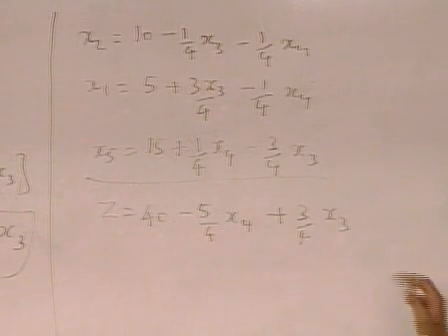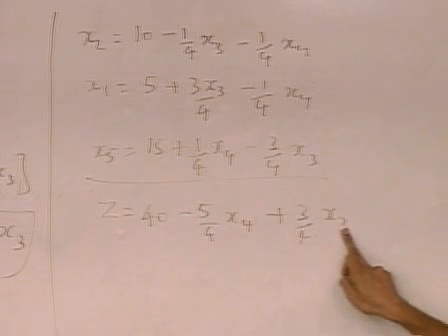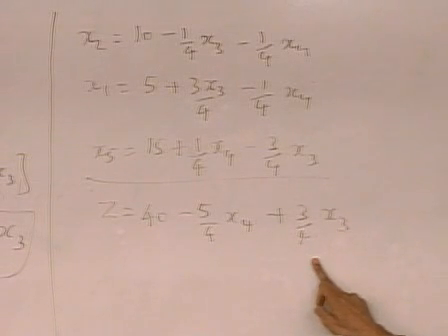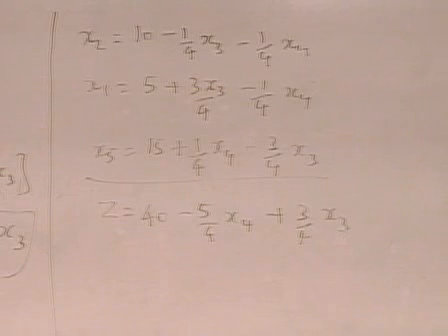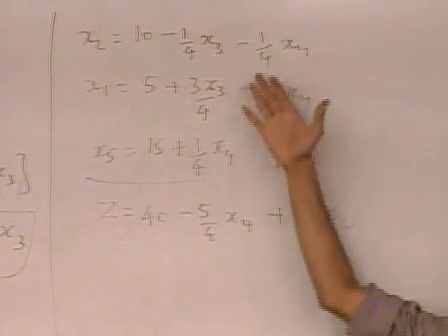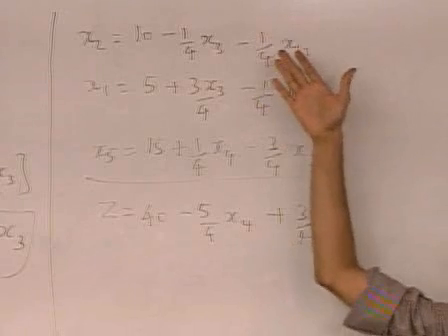Now, the reason why x3 has a positive coefficient here can be explained in the following way. Changing x3 forces you to change x1 and x2 in some way. The precise way in which you have to change is described by these equations.